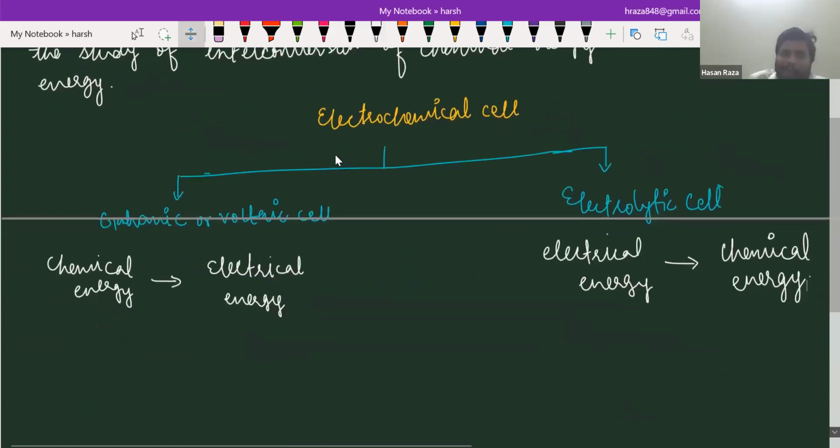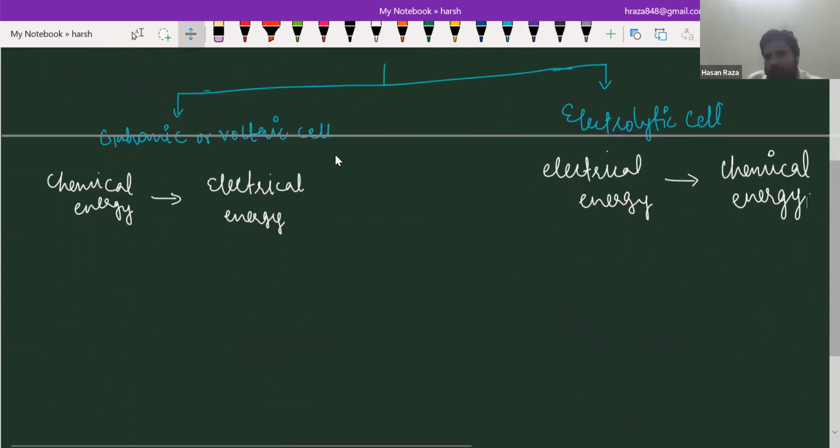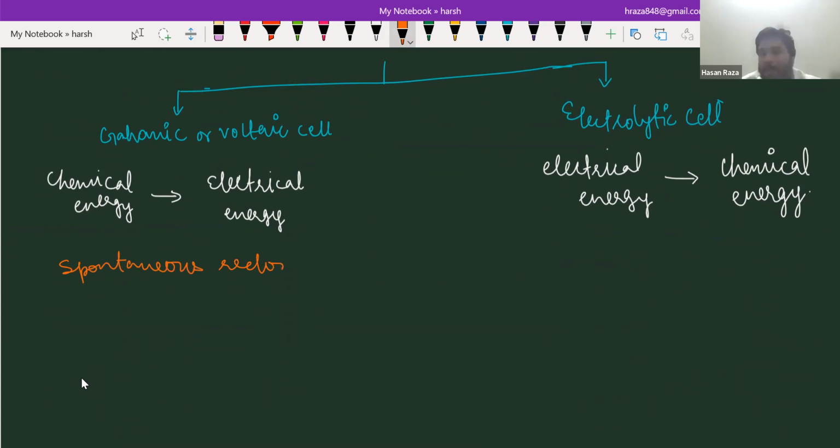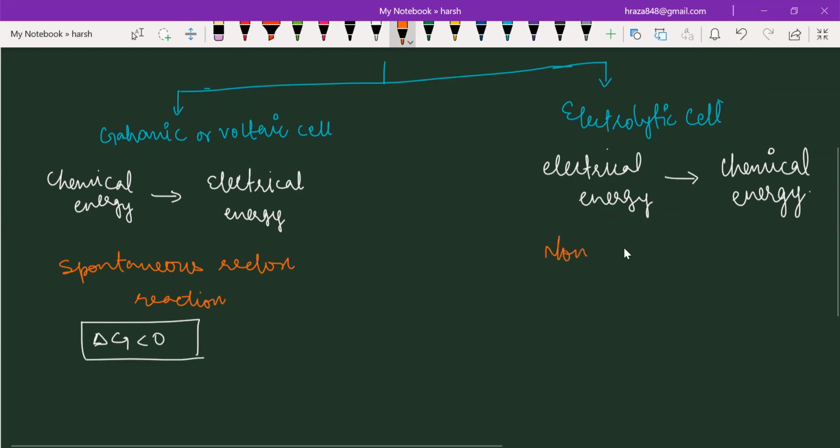And do you know how we are going to recognize whether it is spontaneous or not? We see it with the help of Gibbs free energy. Whenever the value of delta G is negative, that means the process or reaction is spontaneous, and this is non-spontaneous.